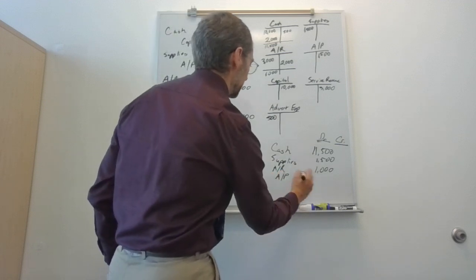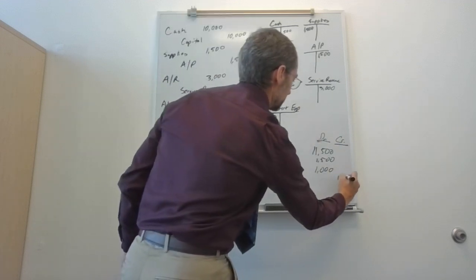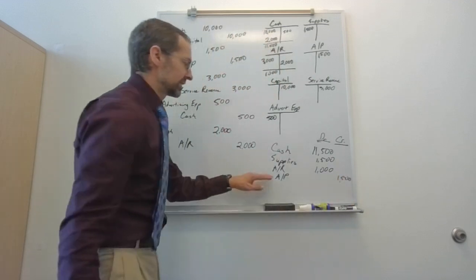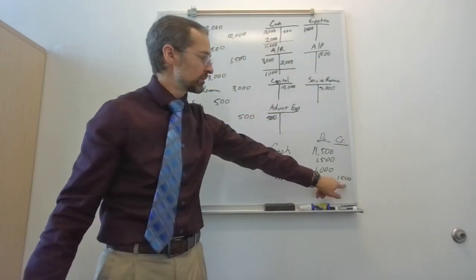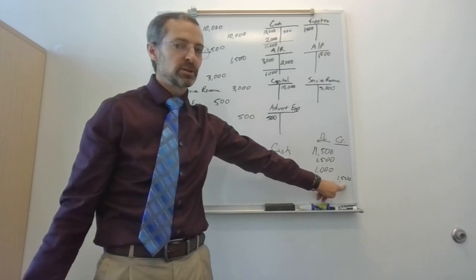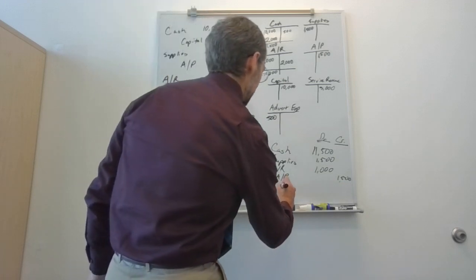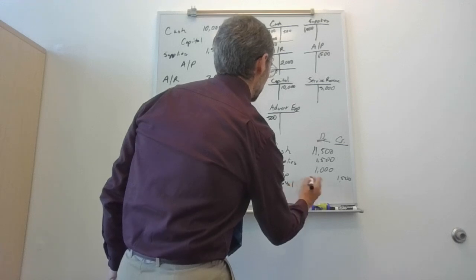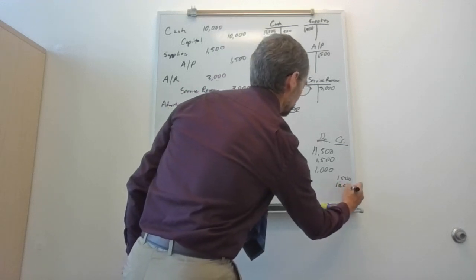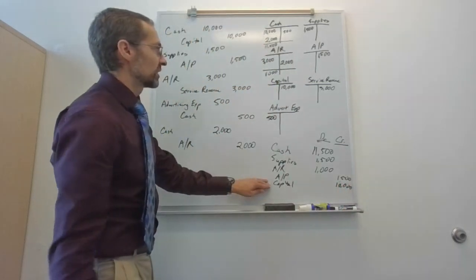Accounts payable, $1,500. Credit. So I have my first credit. I only write it in one column or the other, whichever it's supposed to be in. Capital. Starting to run out of room, but I'm hoping you're getting the idea. $10,000 there.